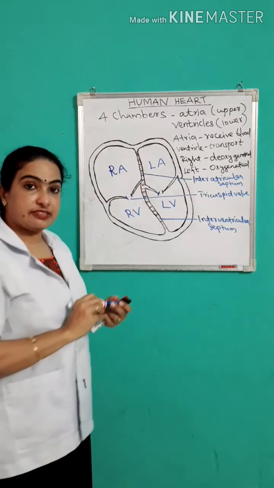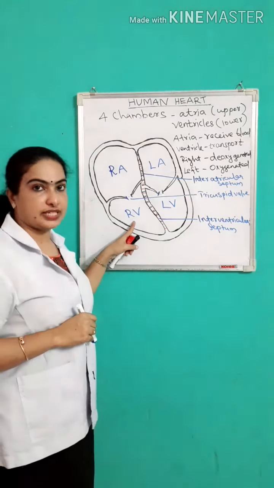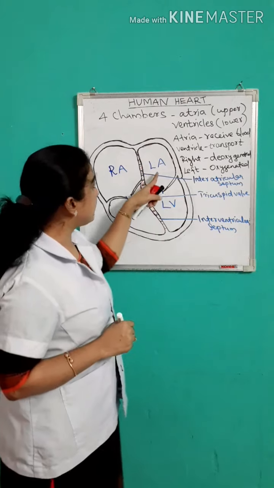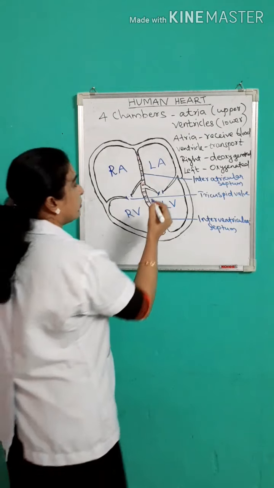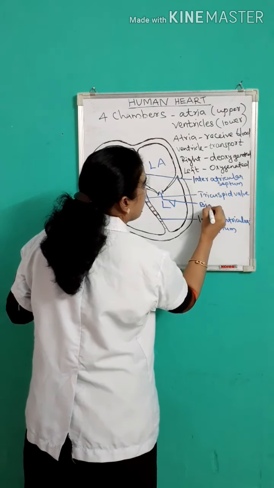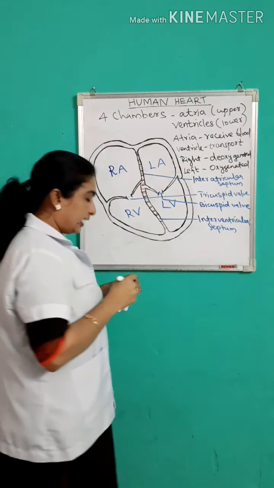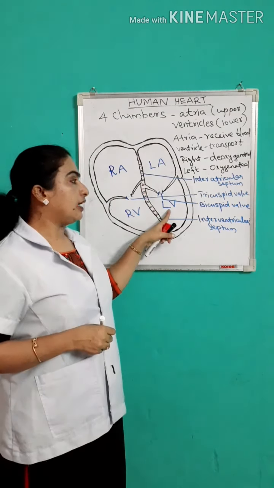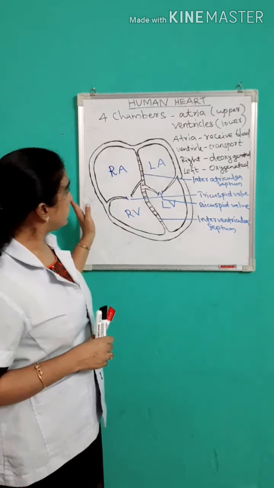So the tricuspid valve separates the right atrium and right ventricle. Likewise, another valve is here on the left side that separates the left atrium and left ventricle. This valve is known as the bicuspid valve. And that's all about the structure.